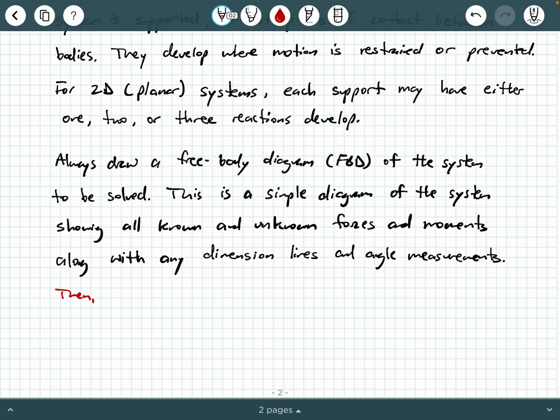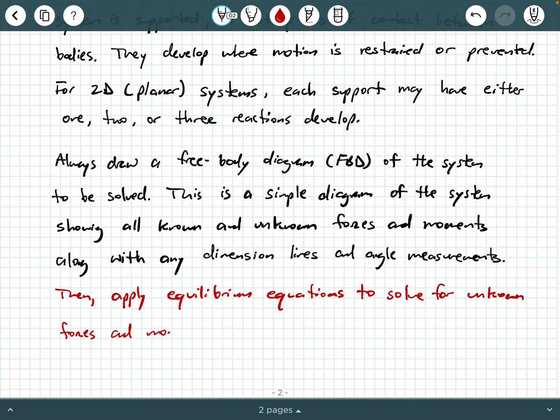Then we can apply equilibrium equations to solve for unknown forces and moments in our system, which unknown forces and moments are oftentimes those external support reactions we just talked about.